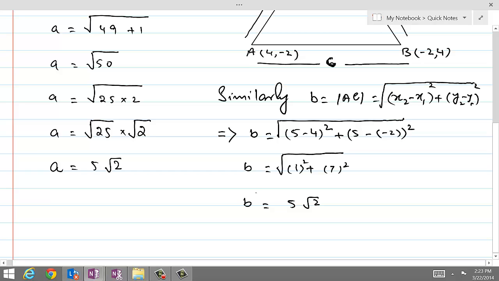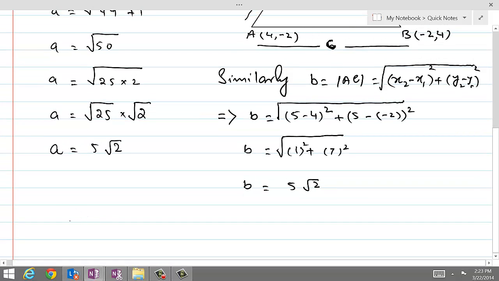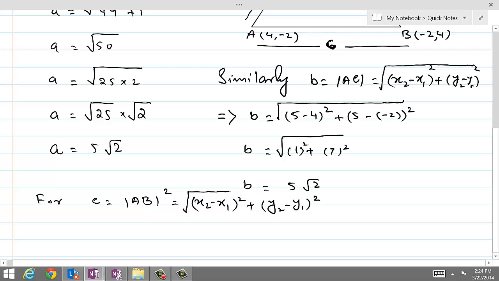And now we are going to find out the value for c. For c, we have c equal to length AB, and we will still be using the same distance formula, the square root of (x2 minus x1) square plus (y2 minus y1) square.